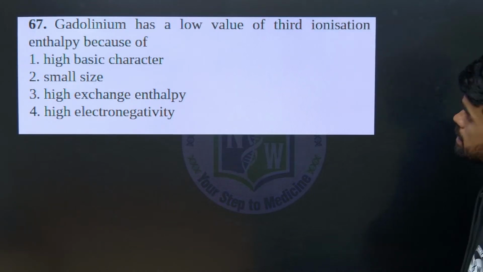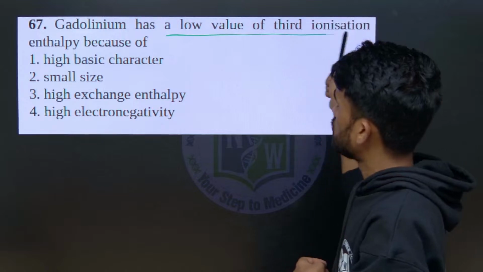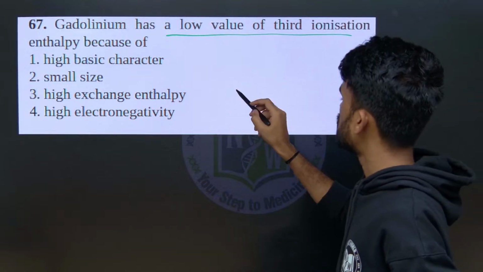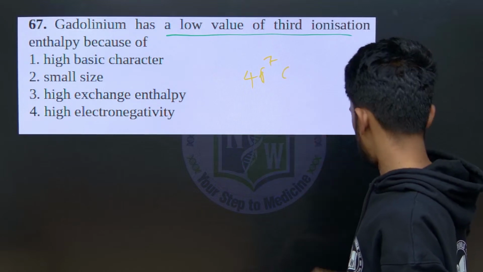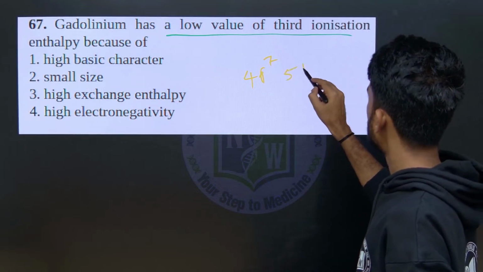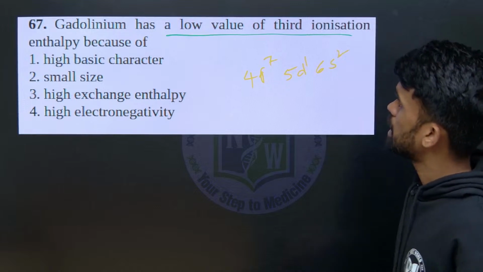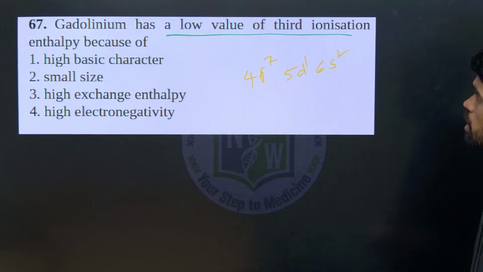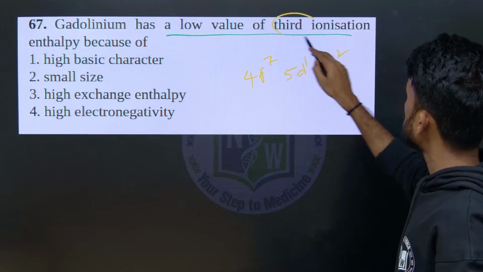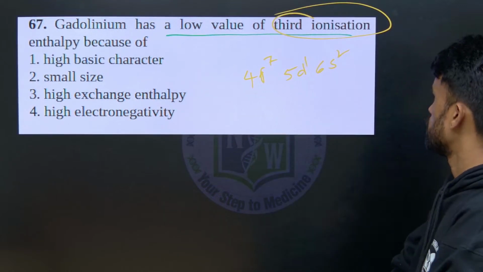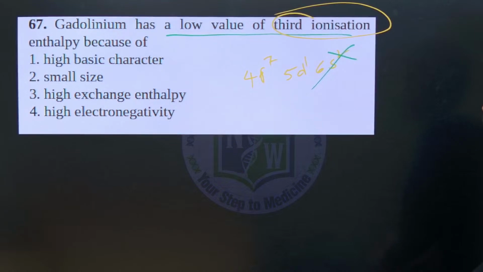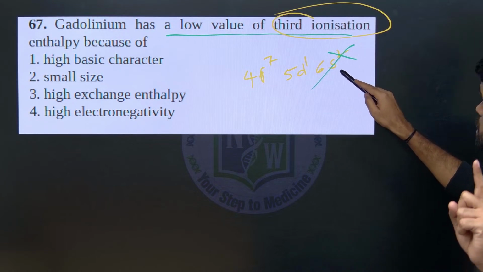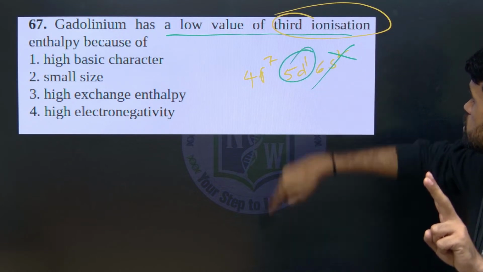Next, gadolinium. What is the electronic configuration of gadolinium? 4f7, and the next is 5d1, 6s2. This is the electronic configuration of gadolinium. They are saying third ionization enthalpy. Third means after removing the first and second ionization, the third electron should be removed.